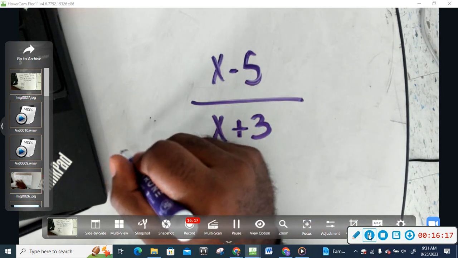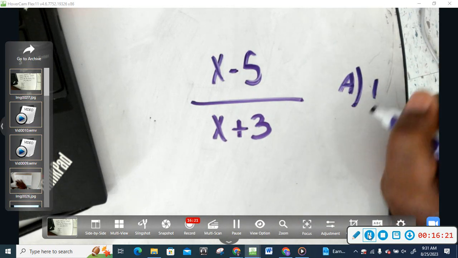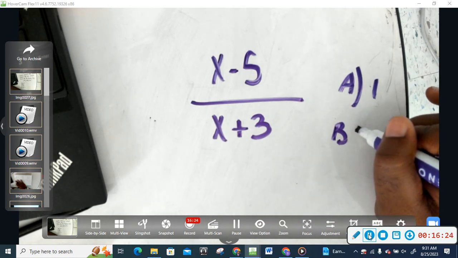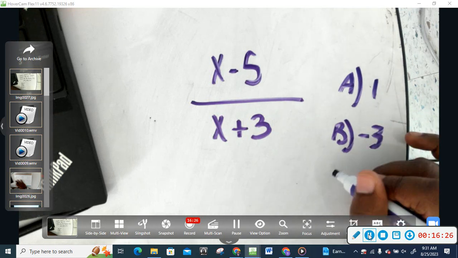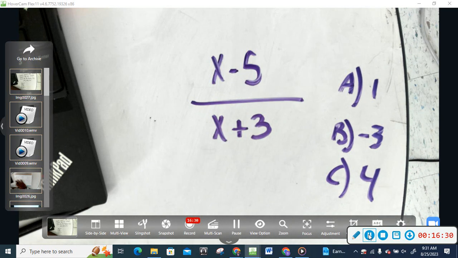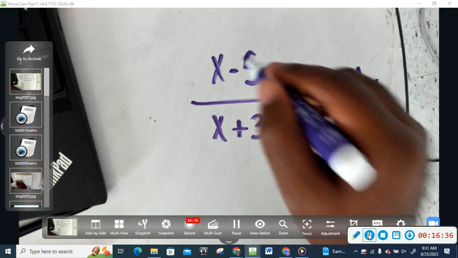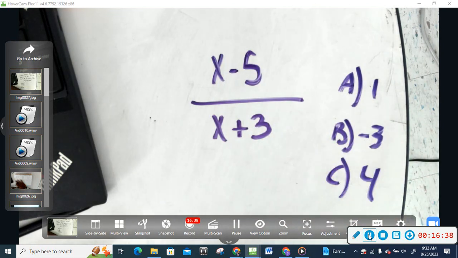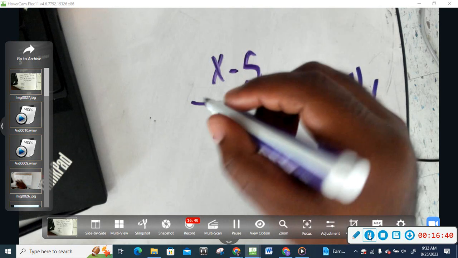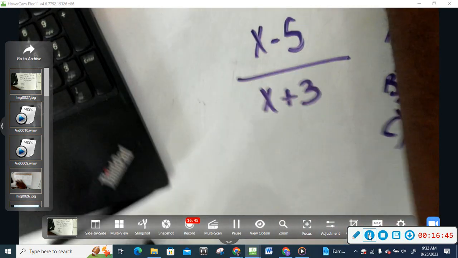All right, and your answer choices will be 1, negative 3, and 4. All right, let's say we see this, right? The question is going to say which of the following x values makes this undefined. All right, so undefined. Let's talk about what undefined means.